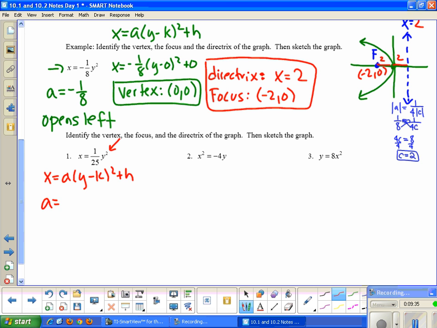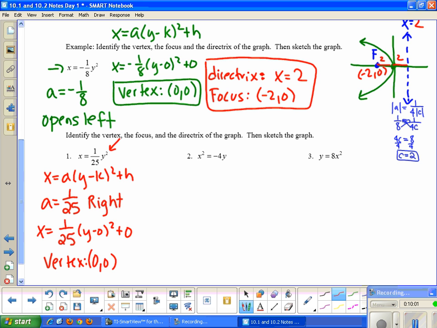My a value is 1 over 25, and because the y is being squared, I know my graph is opening to the right. So that's the first thing I like to write down. And if I also want to write x equals 1 over 25 times y minus 0 squared plus 0, that gives me my original equation. So the vertex is at 0, comma 0. So now I'm going to draw a little sketch for myself.